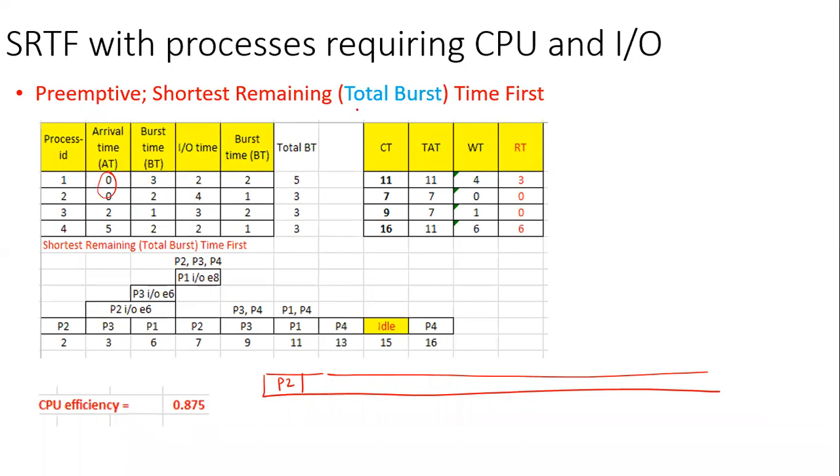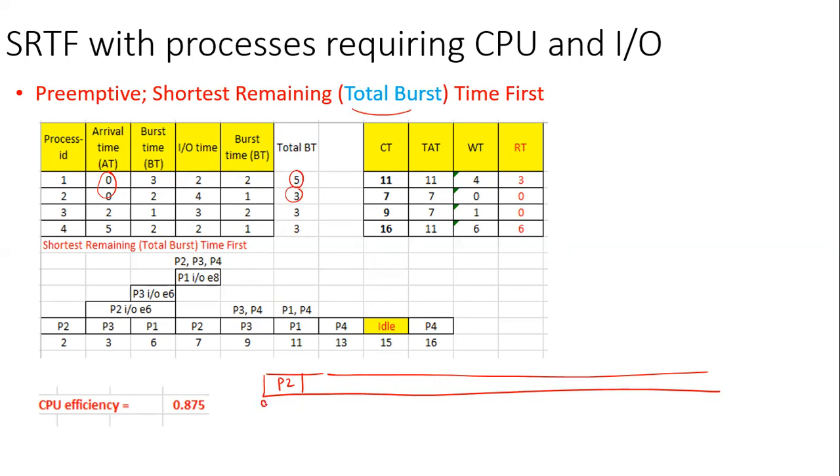The remaining time is the total burst time first. Total burst time is how much? Can you tell me? 5. And the other total burst time is 3. Which one is smaller? P2. And it's a preemptive algorithm.